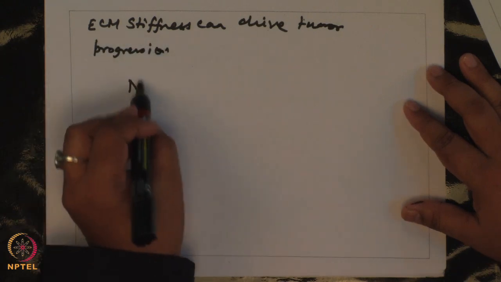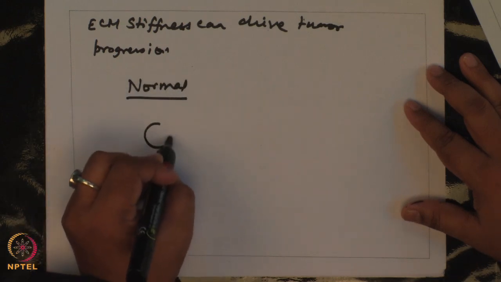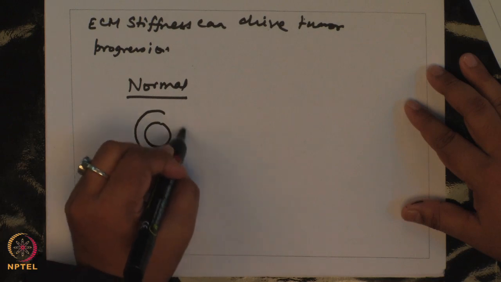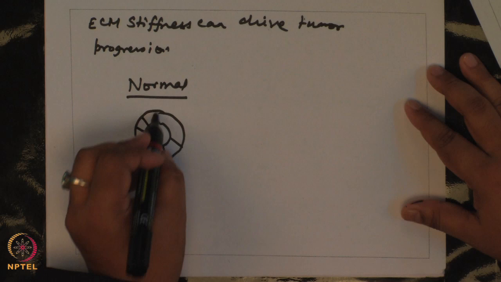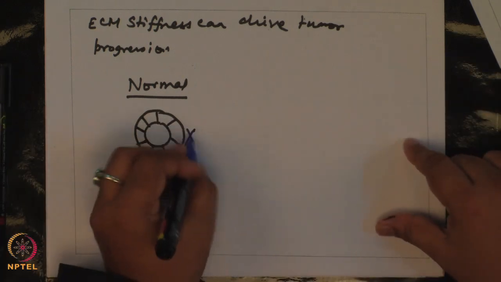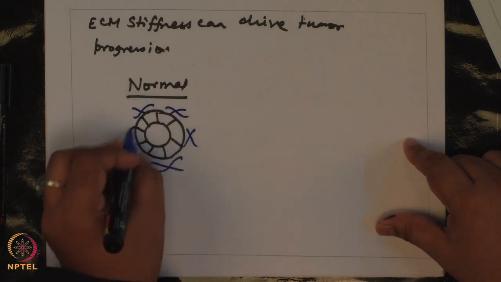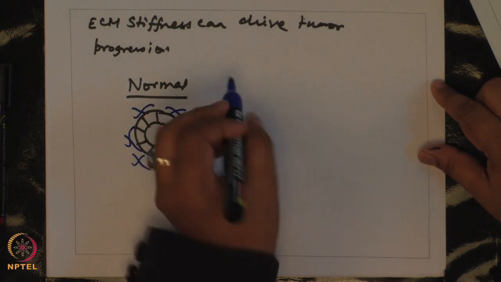So, in case of normal, you have well defined acini structures surrounded by this ECM, which is relaxed.